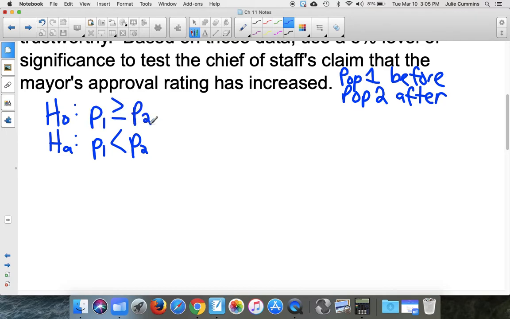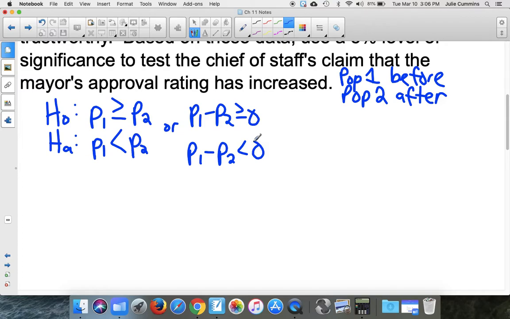The answer is go home. It's after school. There's our null hypothesis. Okay? All right, or you can write it with the subtraction. You can say P1 minus P2 is greater than or equal to 0, P1 minus P2 is less than 0. Either way.